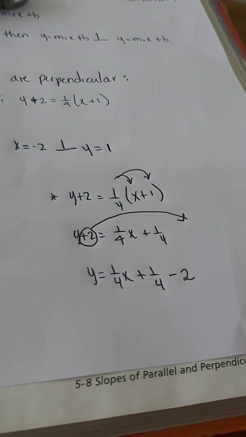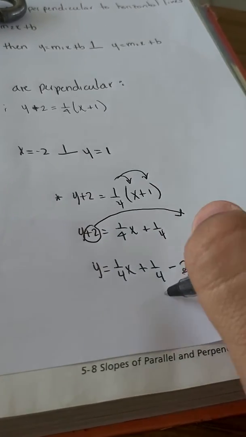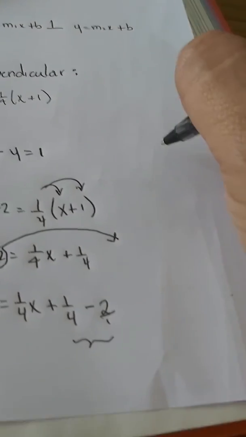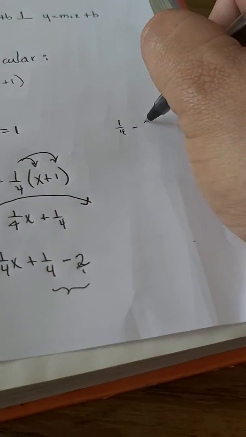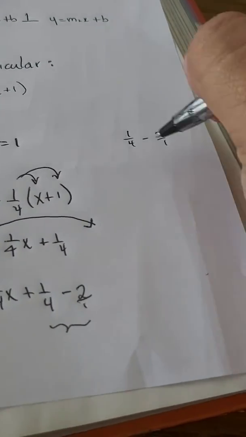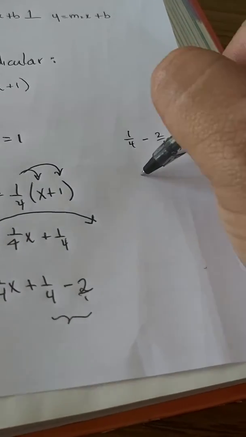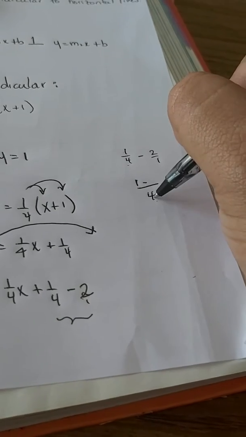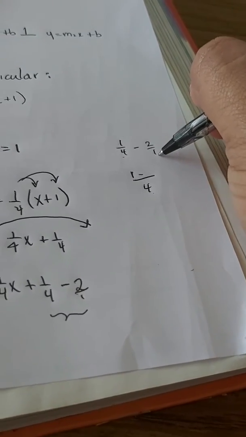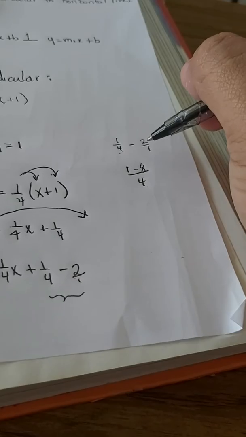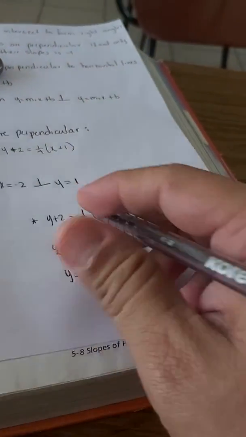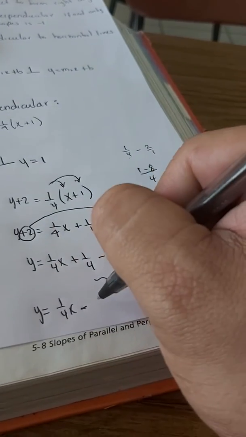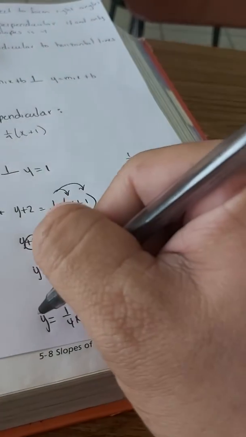Okay, let's simplify that: 1/4 minus 2 over 1. We find the least common denominator of 4 and 1, which is 4. 4 divided by 4 times 1 is 1. 4 divided by 1 is 4, times 2 is 8. 1 minus 8 is -7. So we get y equals 1/4 x minus 7/4. Okay?